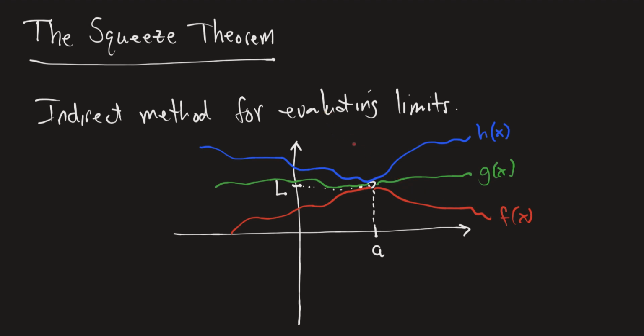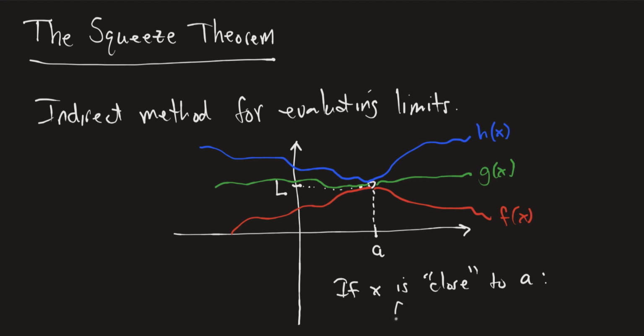And one thing we can see for sure is that for values of x close to a, right? So if x is close to a, then this inequality is true. Notice that the blue graph is above the other two. The green one is kind of stuck in the middle, and then the red one is below the other two.